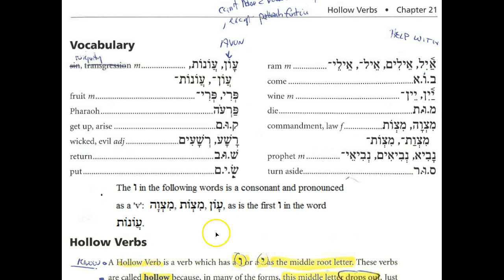And the first vav in the word avonot is also a consonantal vav. So this is not mitzot, it's mitzvot. This is not aon, this is avon.